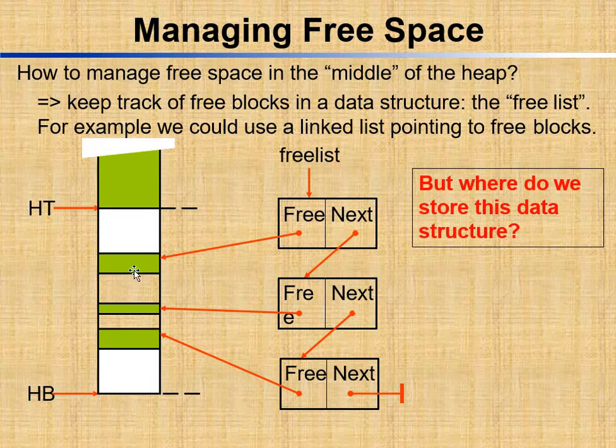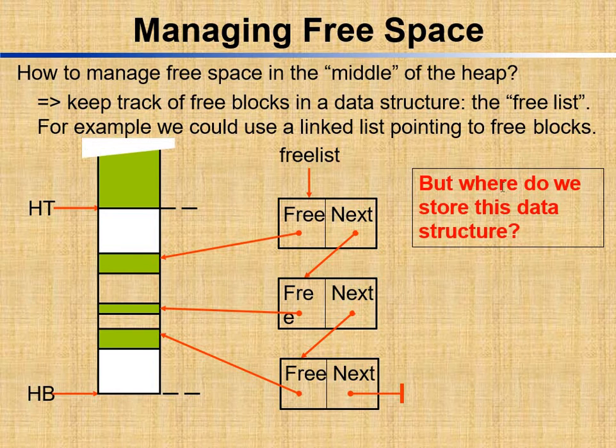So we will create one free list, and wherever free space is present in the heap, we will create a list of it. We keep track of the free blocks in a data structure, that is a list, which we call the free list.